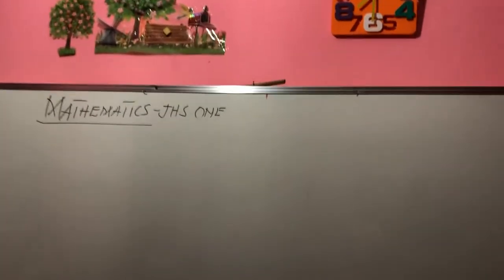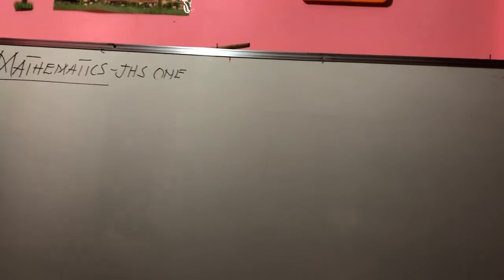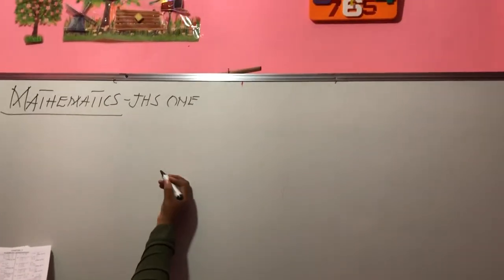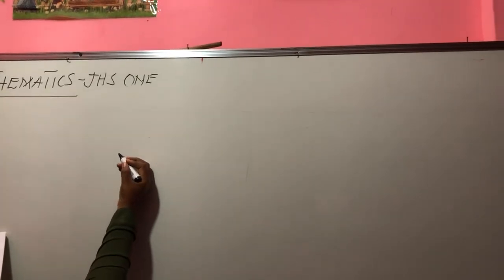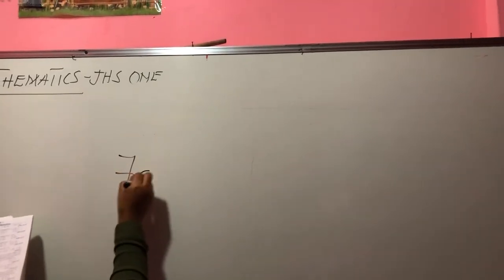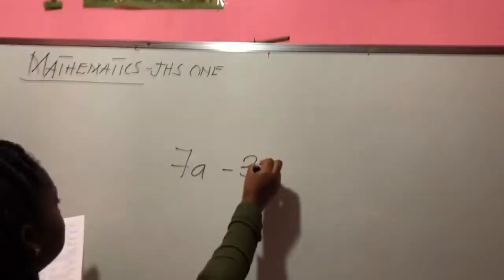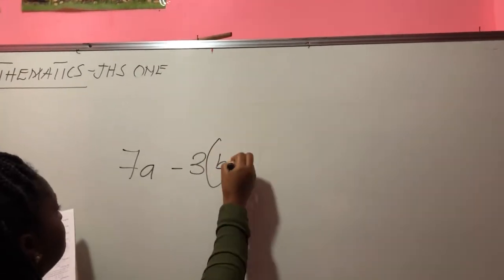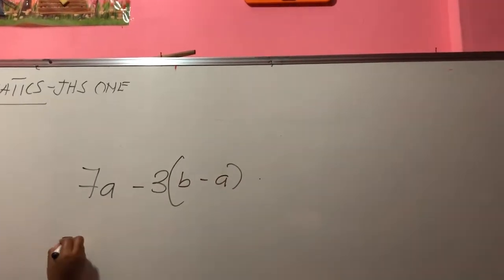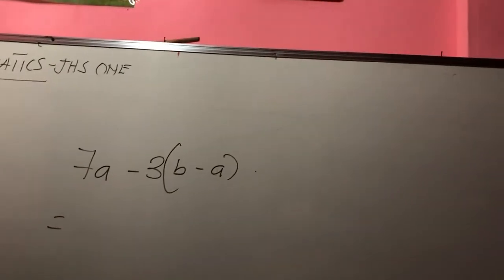So let's pick, I'm picking them at random. Okay, so let me just go with number 9. So 7a minus 3(b)... So you have this question, right? So this is question 9.